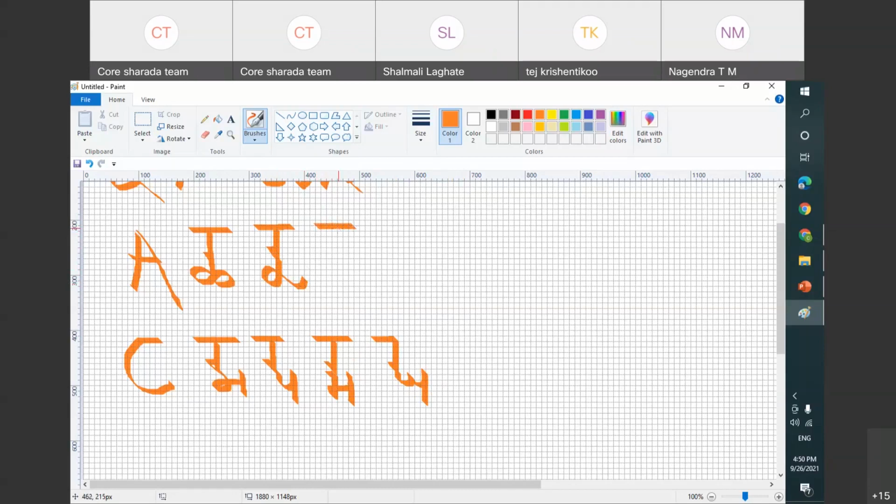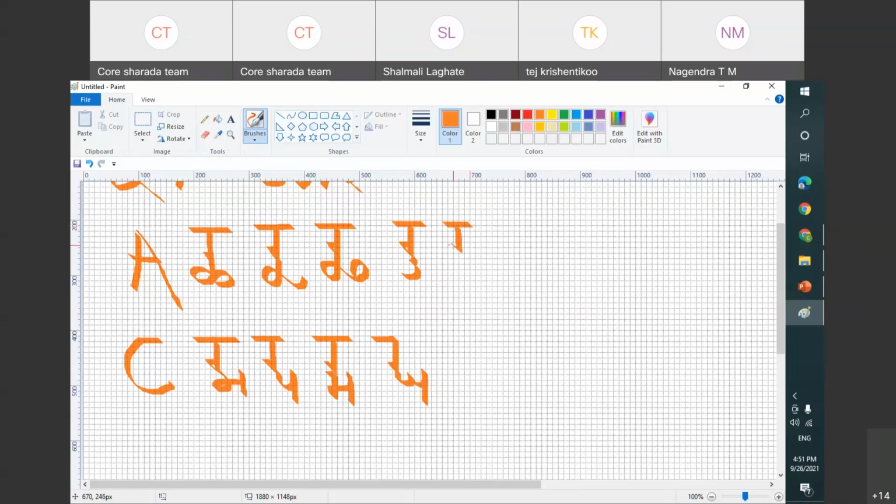Here we also write R, Th. That is correct. We also write here R and Th. We write R, Th.